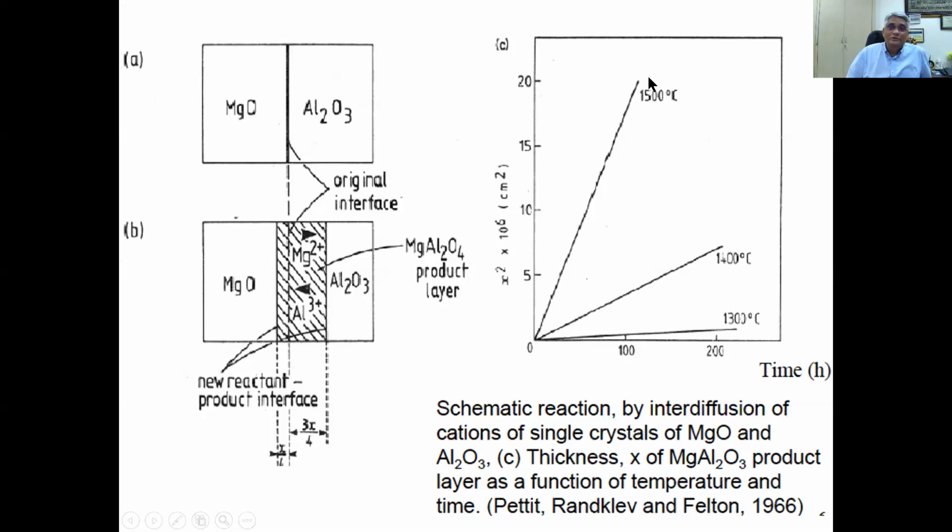The highest temperature you can go to is also dependent on the highest melting point of one of these constituents. We know that the melting point of alumina is very high. I also told you that for a polycrystalline system, you don't have to melt the material. But then again, if you are going to 92% of the melting point, it is still close to 1800 degrees centigrade here.